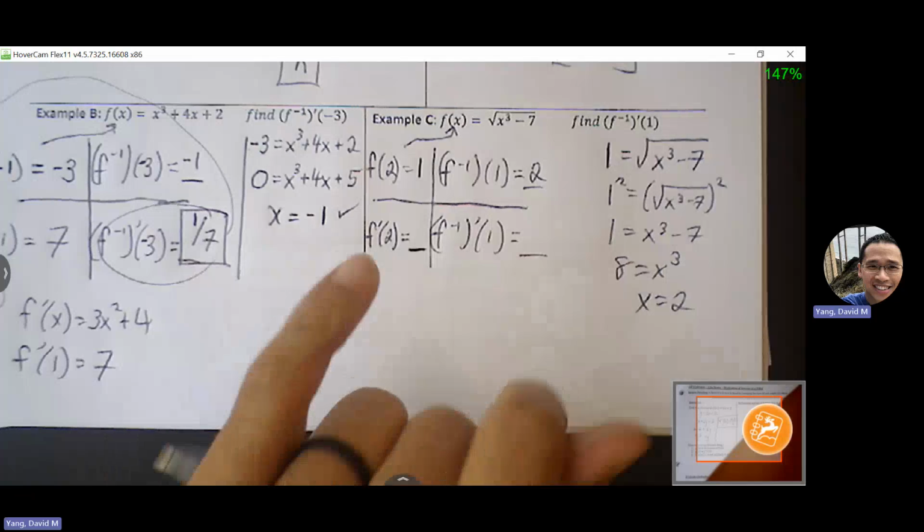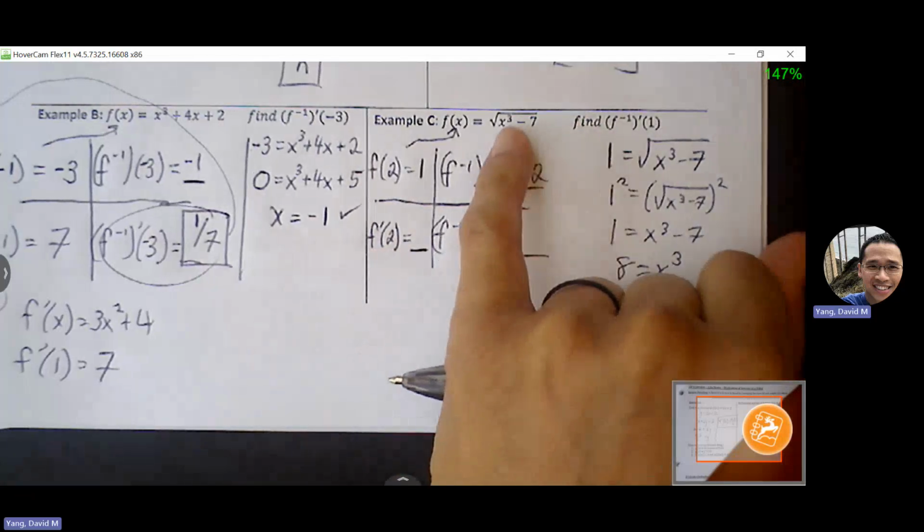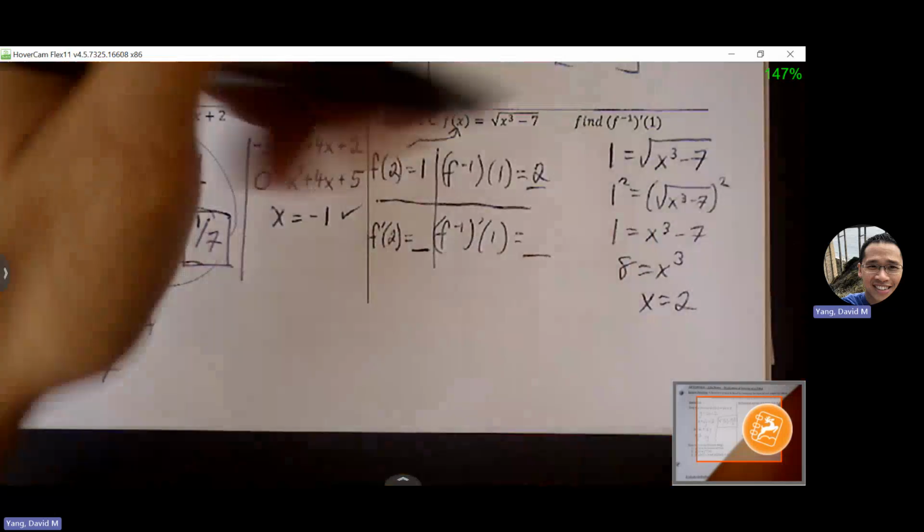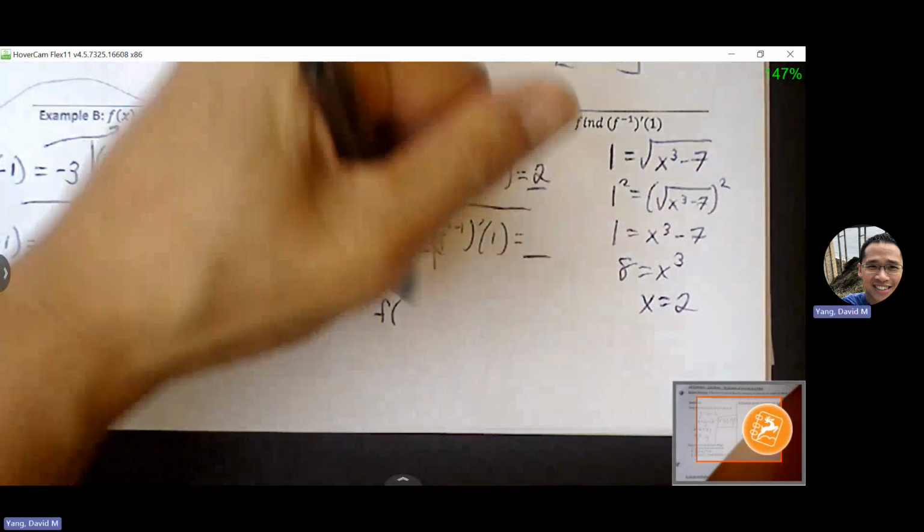So to find f prime of 2, I first have to find f prime of x. To find f prime of x, what process do I have to go through here? Chain rule, yeah, but let's first rewrite it.